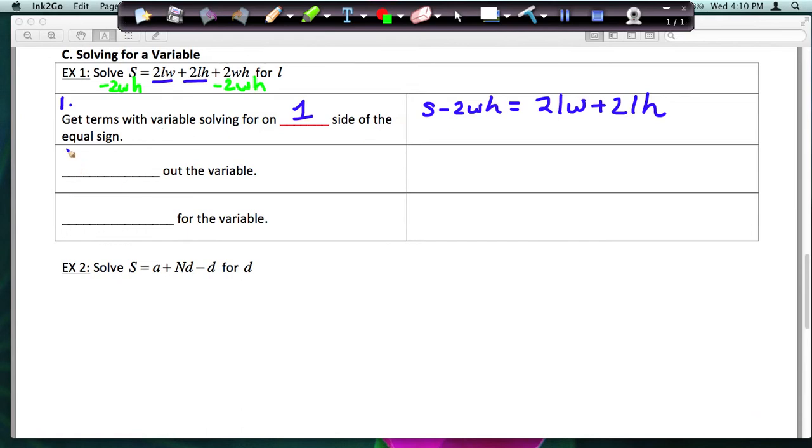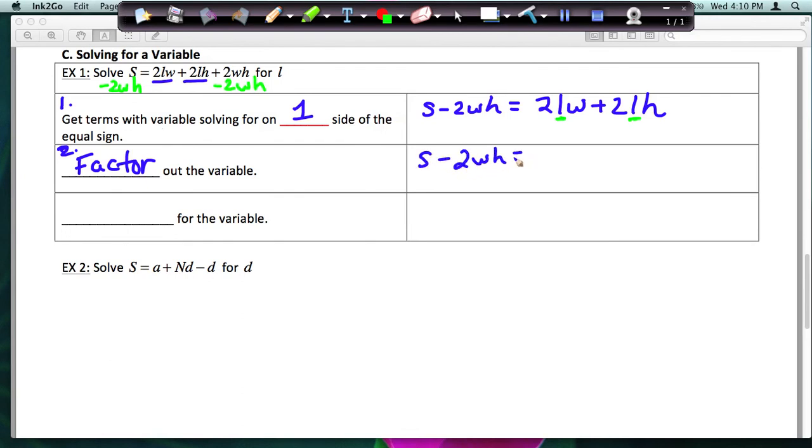Once you've done that, it's now really easy to factor out the variable that you're trying to solve for. And so in this case, I'm solving for L. So I have an L in both of these terms, and I'm going to pull it out. So the left-hand side is not going to change.